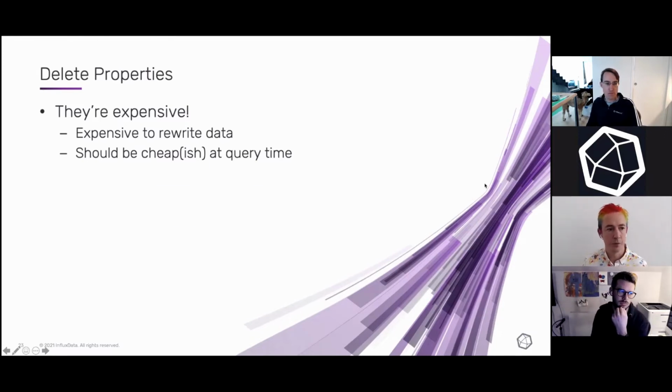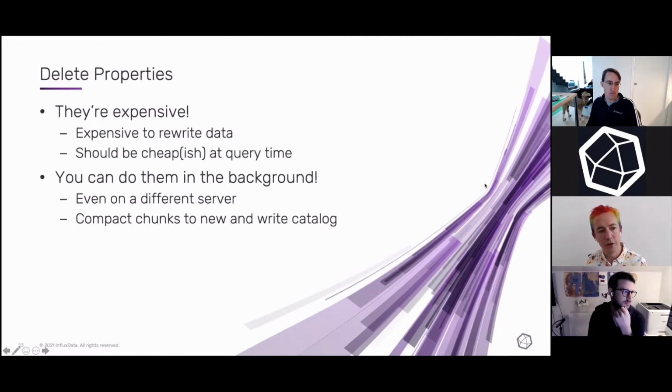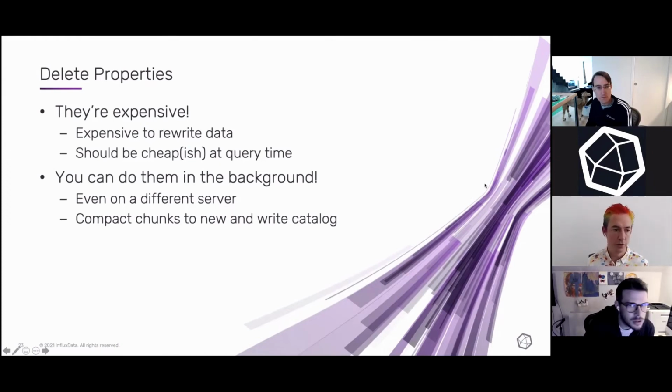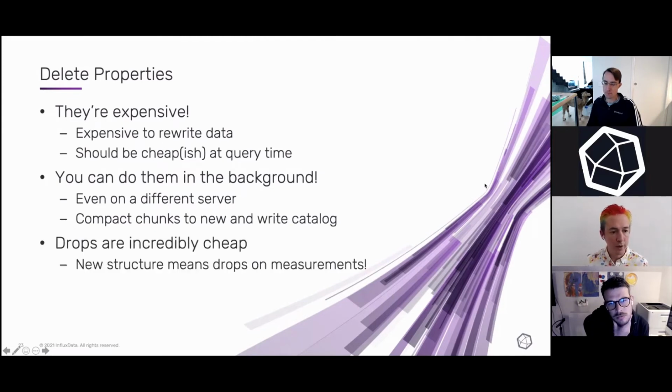But the other thing, as I mentioned, is you can do all of this in the background on different servers, and you can compact these chunks, which is nice. It basically gives you a lot more operational flexibility into how this works than you had before. But the one nice thing is that drops are incredibly cheap.